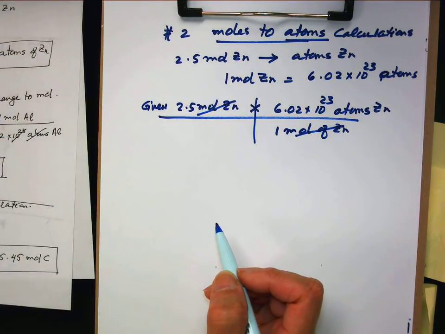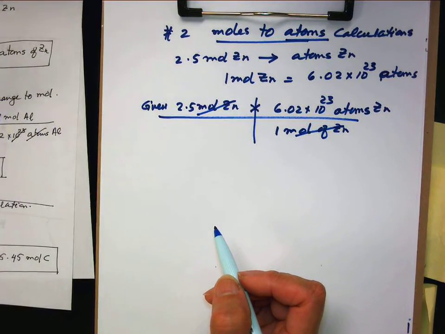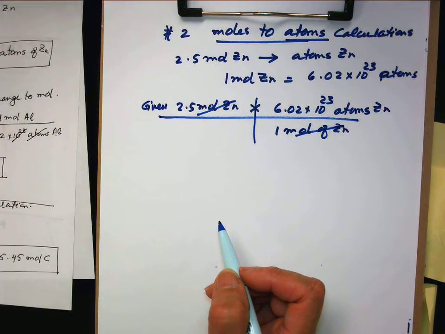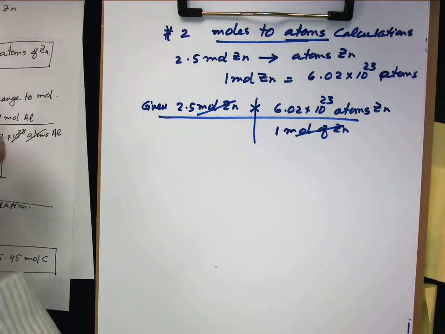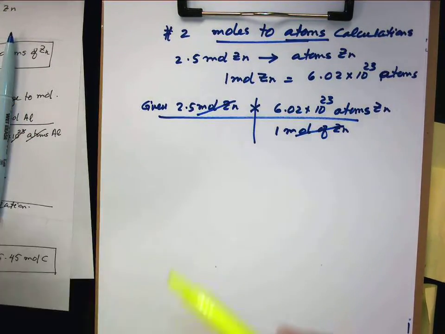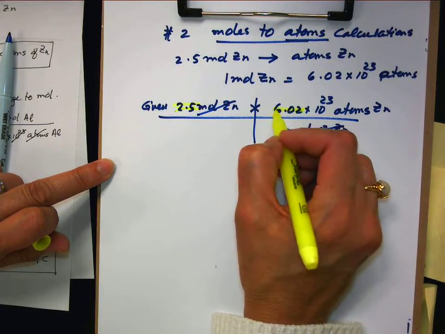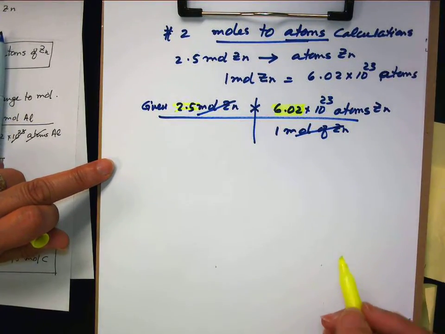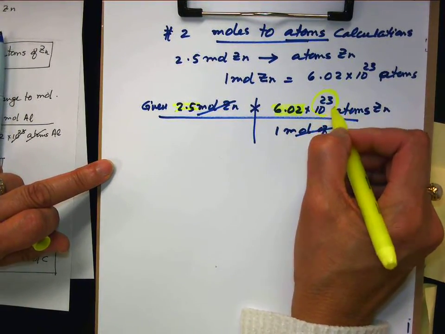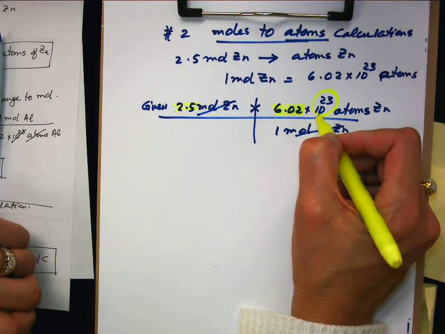Now you are multiplying side by side. If you are multiplying, what do you do? 2.5 times 6.02, multiply it, and 10 to the 23, just carry it over.